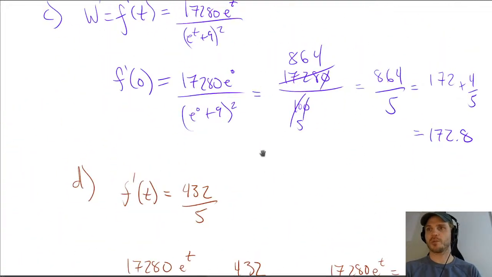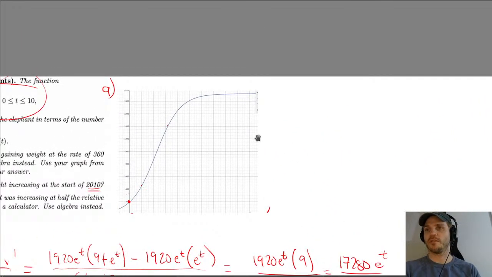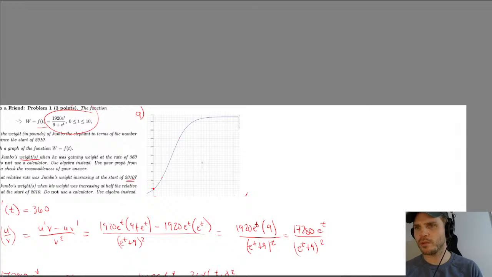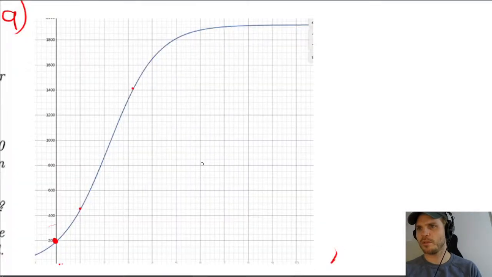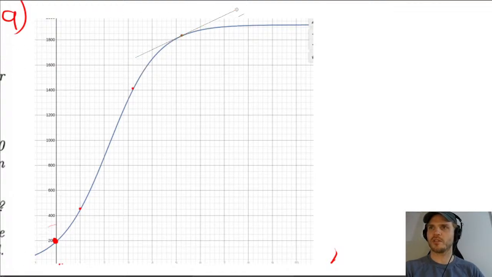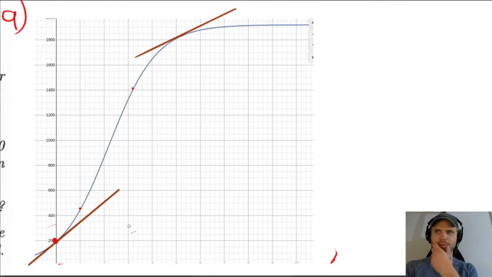So let's go back up to our graph. 5.2. This is 5, 6, 7, so it's like here. Oh, yeah. So if we put a tangent line to this right there, and then we put a tangent line to the other, good job. Those are pretty close.